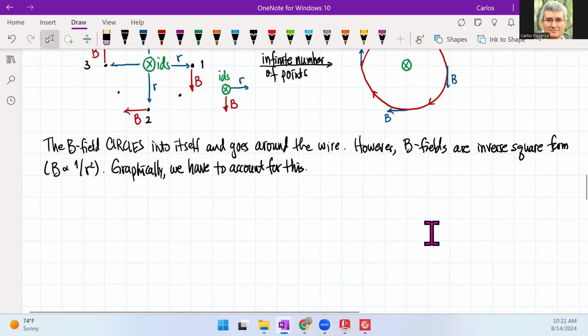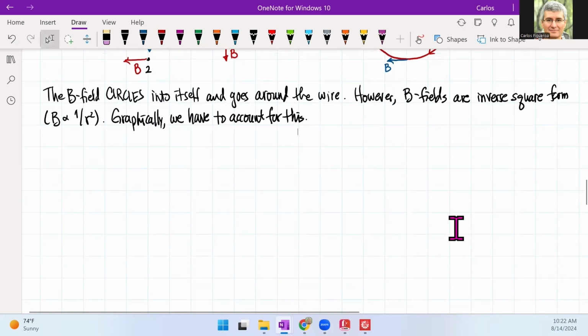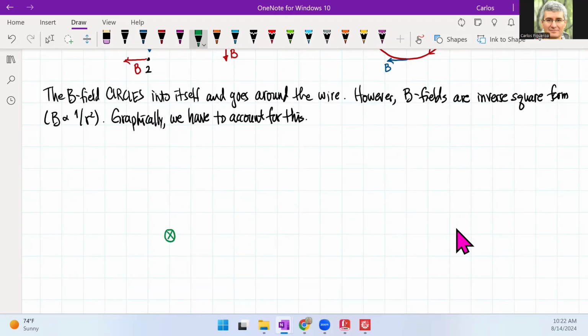So if I have a wire, let's say right here, then I could pick a point. Let's say that I pick a point right here. Well, if I pick a point here, that's going to have this magnitude of r, and I'm going to say that it's going to produce a field this big right here. And that's because this is proportional to 1 over r squared.